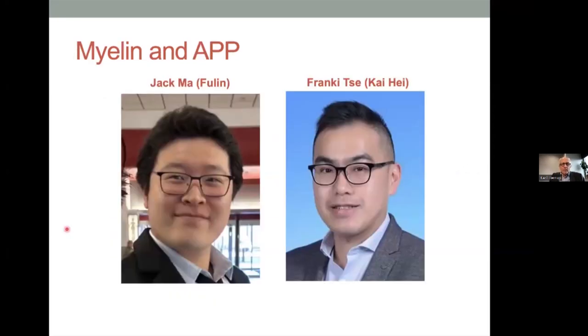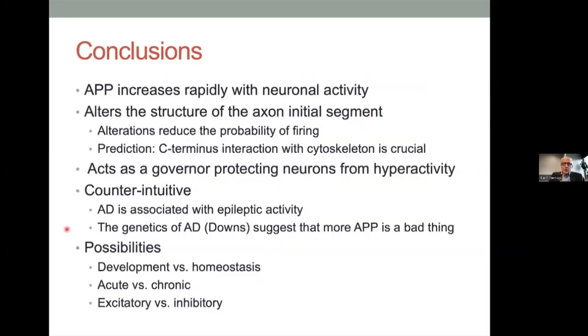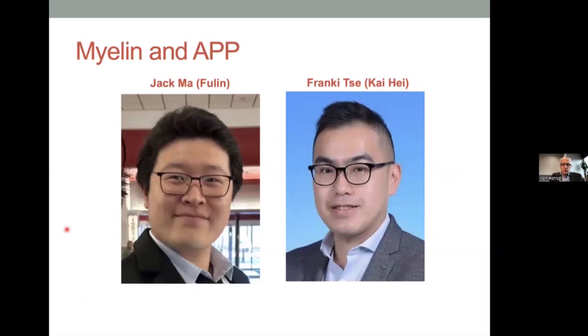But I want to move on because not only does the amyloid precursor protein as a whole impact activity, it gets involved as a cell adhesion molecule. And this is the work now that Jack did, but he did it in conjunction with a former postdoc of mine who's currently on the faculty at Polytechnic University in Hong Kong.